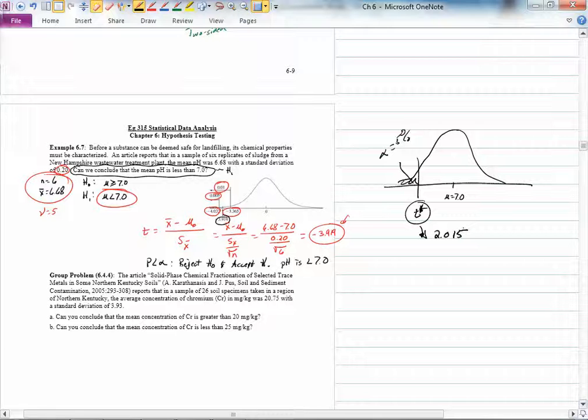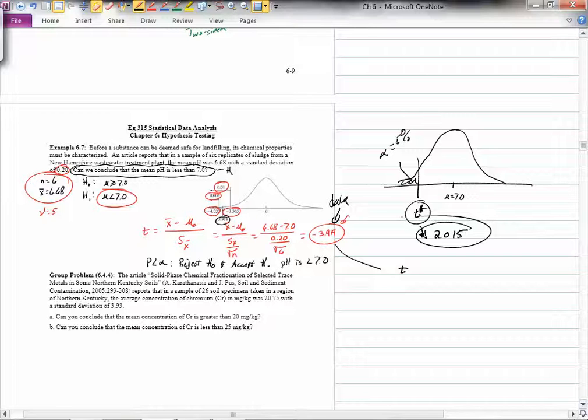So then we compare the t-value of our data, and if our t-value is further out in the tails than our hurdle value, we reject h0 and accept h1. With the p-value and alpha, you're comparing your area from your data with your hurdle alpha.